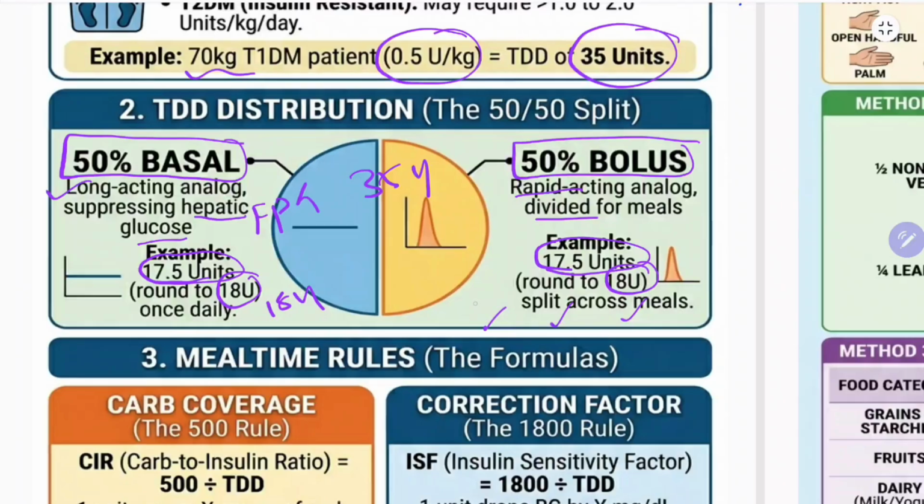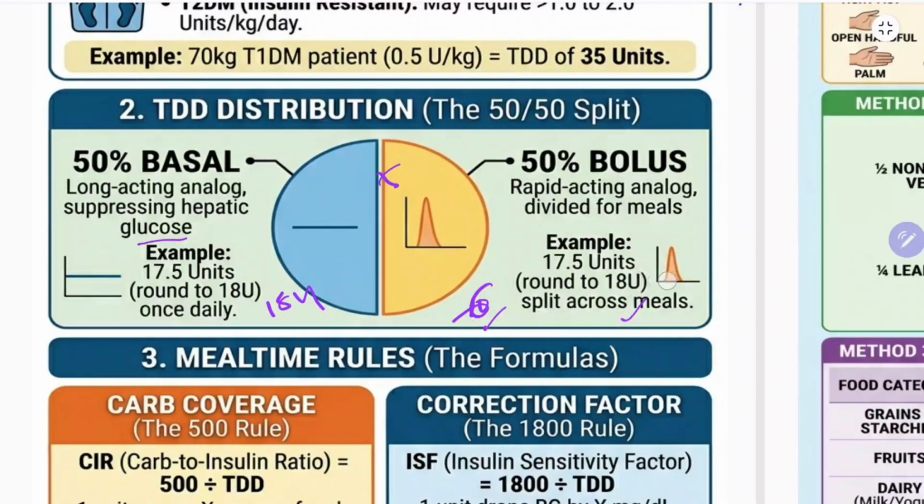For example, in morning you will give, sorry, in morning you will give 6 units, breakfast, lunch 6, and then evening prandial it is 6. So 6 into 3 is 18 units. So 50% of the total daily dose you will give as basal, and 50% you will split into 3 prandial insulin doses. Okay, now same titration, how you will titrate.